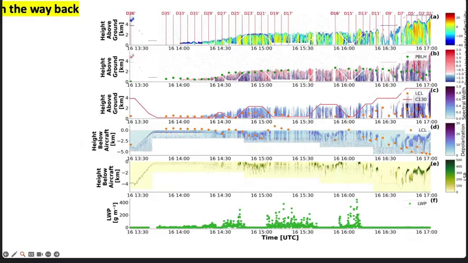We also have the liquid water path data from the radiometer. It looks upward, so on the way out we don't have the liquid water path data. But on the way back, when the aircraft flew through the clouds, we have some good measurements of the liquid water path, which can tell us some good stories about the precipitation and liquid water paths.